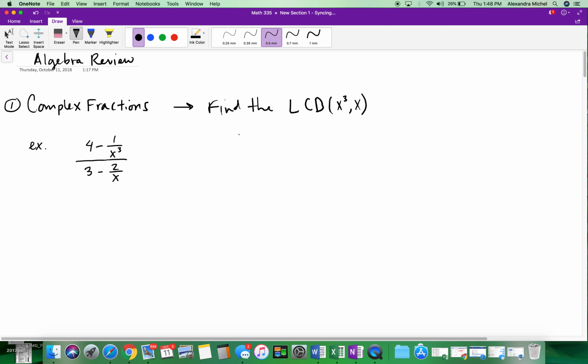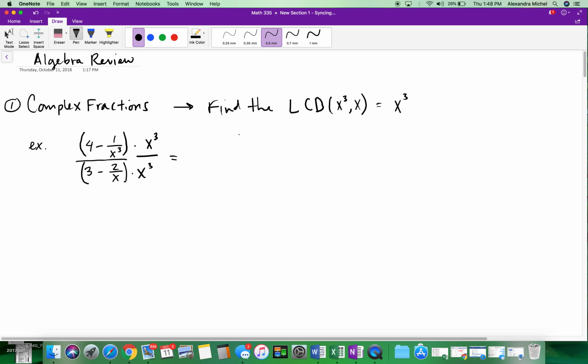Okay, so what do those both go into? That would be x cubed. So then I would multiply both the numerator by x cubed and the denominator by x cubed. Right? And I'm only multiplying really by 1 here, but it's going to significantly simplify this.